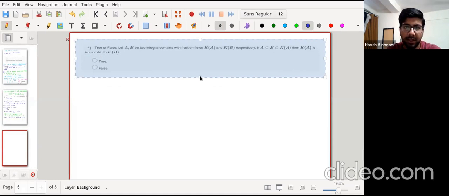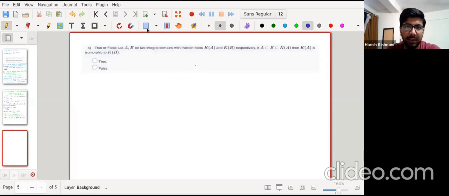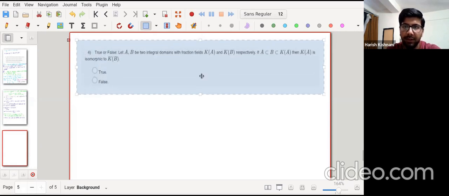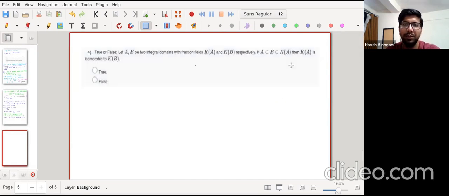I hope you can answer this. It says: let A and B be two integral domains with fraction fields K_A and K_B, and you have this inclusion, then what can you say about K_A? Are K_A and K_B isomorphic? You just need to use the definition of fraction field. Even if you don't know the second definition, you can just use that it is the smallest field containing the integral domain.